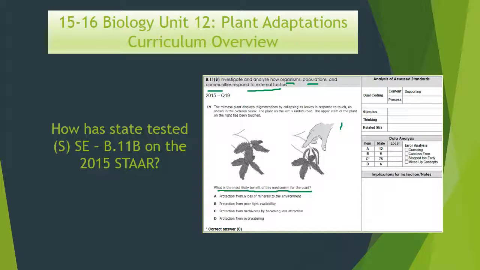And the external factor here again is the touch of the human hand, which is a type of tropism, and here that tropism is thigmotropism. And so the correct answer to this question would be C, protection from herbivores by becoming less attractive.